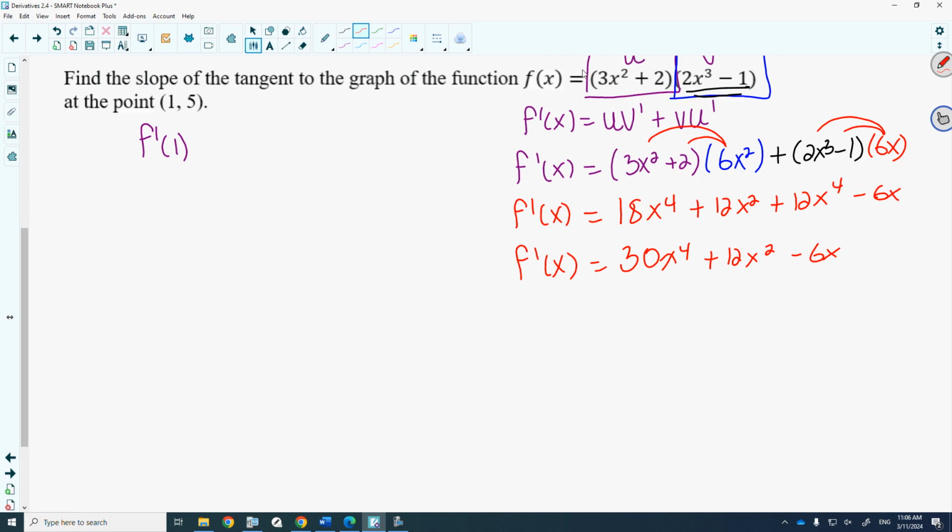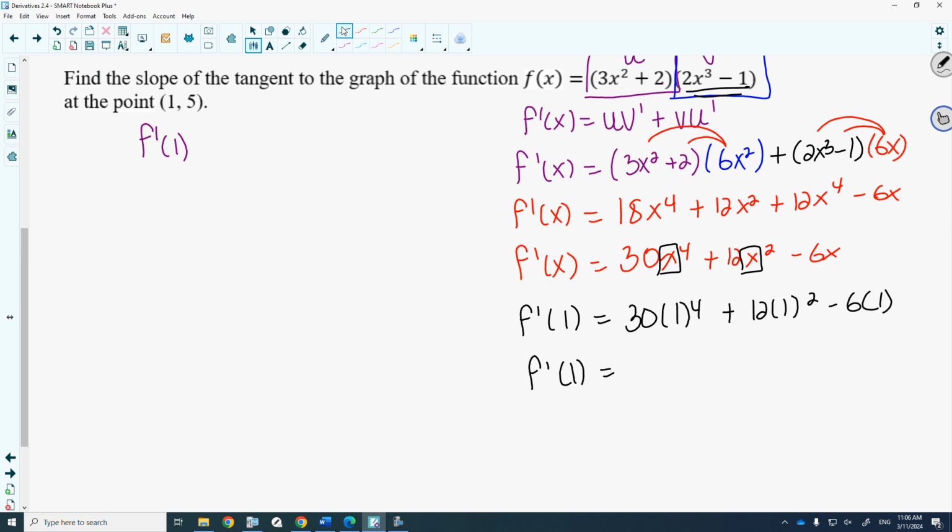On this original curve, when x is 1, what's the slope of the tangent? So that would be found by evaluating f prime at 1. So take out your x's and we're going to put in 1's. 30 times 1 to the 4 plus 12 times 1 squared minus 6 times 1. That's going to give us 30 plus 12, so 42 minus 6. f prime at 1 is equal to 42 minus 6, 36.